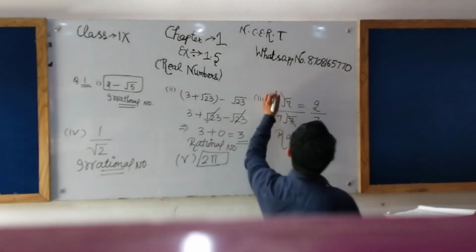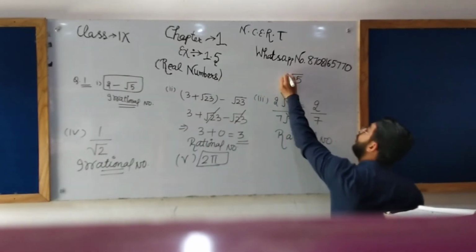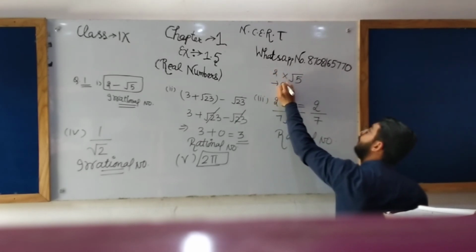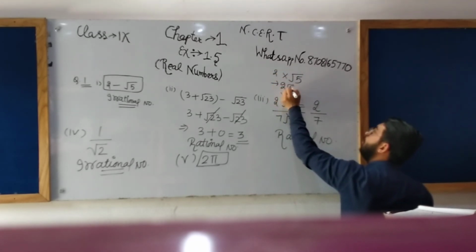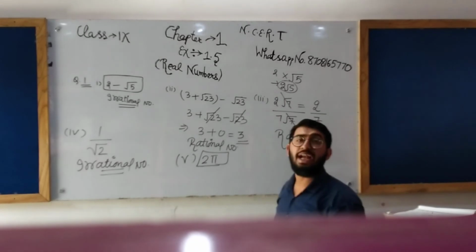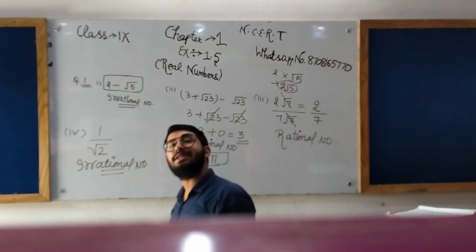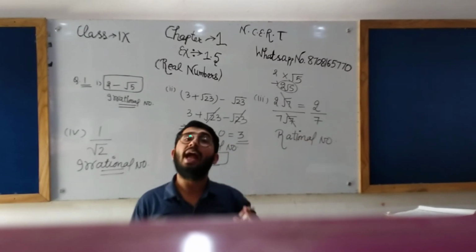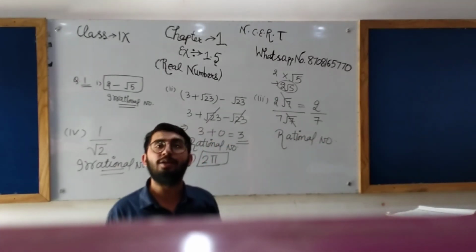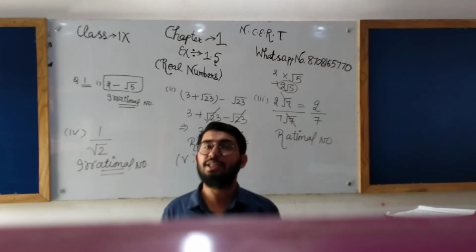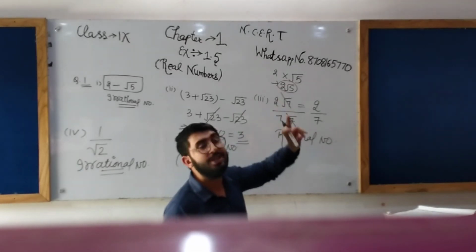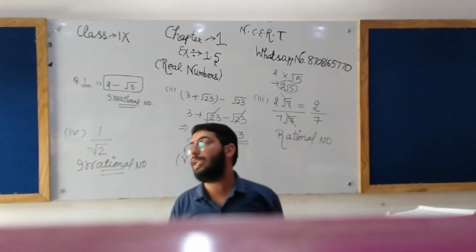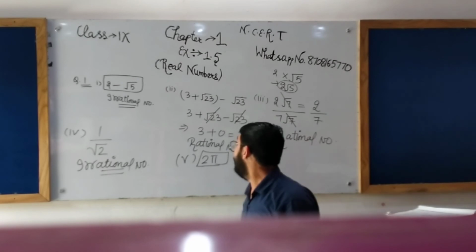When you multiply root 5 by 2, it will be 2 root 5. Can you multiply 2 by root 5 into a single number? No, we just can't, because one of the numbers is a rational number and the other is an irrational number with a non-terminating and non-recurring decimal expansion. Therefore, multiplication is not possible.